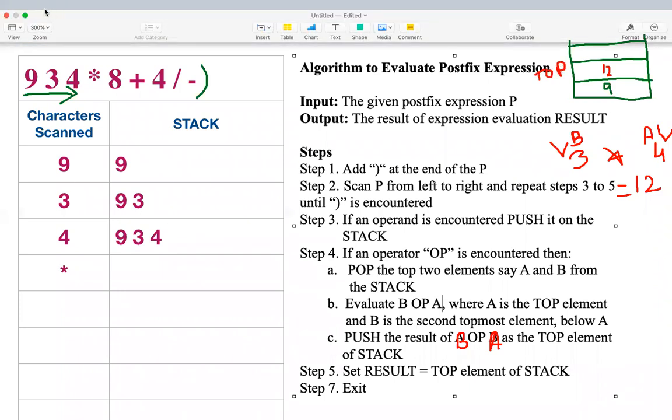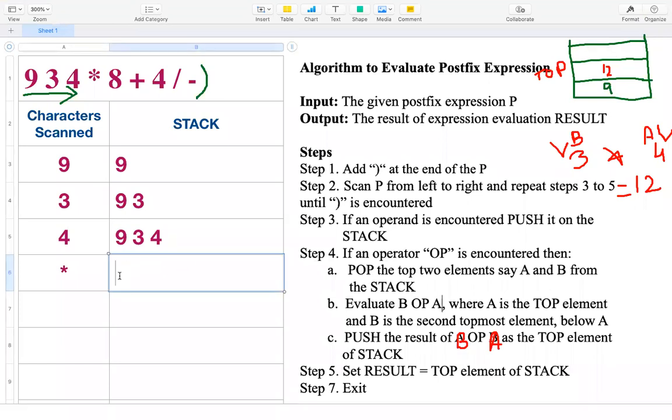So when we come to the stack, what we have right now is 9 and 12. Then what is the next character which is scanned? The next character scanned is 8. It is again an operand, so we push it into the stack. So we have 9, 12 and 8.